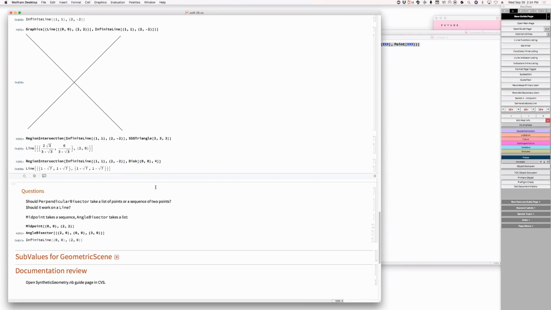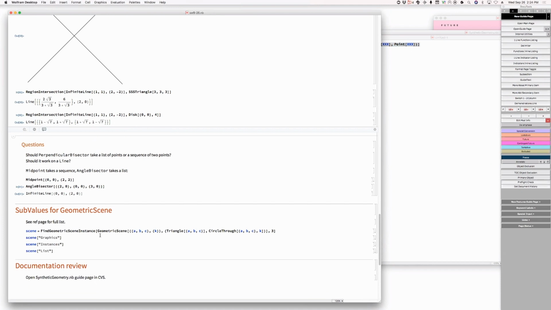Okay, in any case, we've agreed on perpendicular bisector. Okay. Subvalues for geometric scene. So if you use random instance of geometric scene, you get a scene and then you want to extract things from the scene.